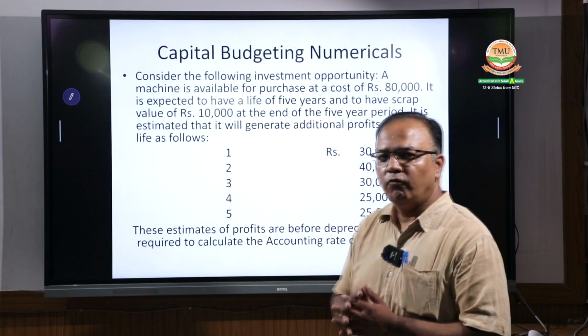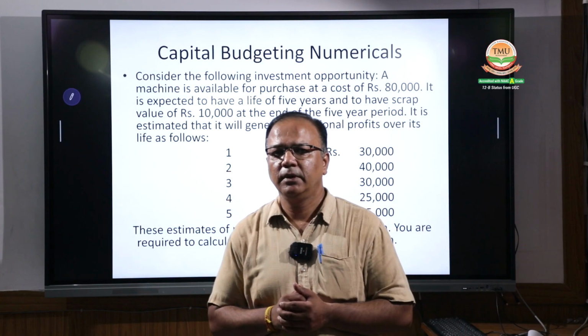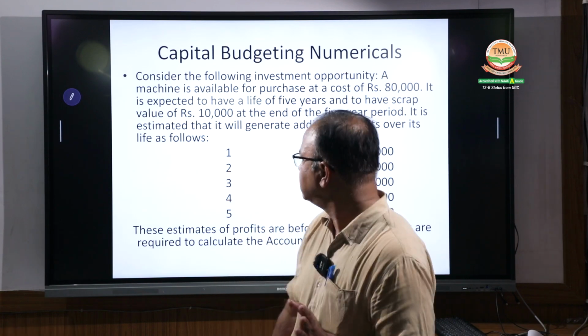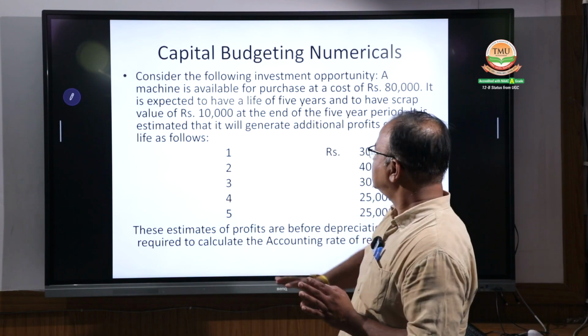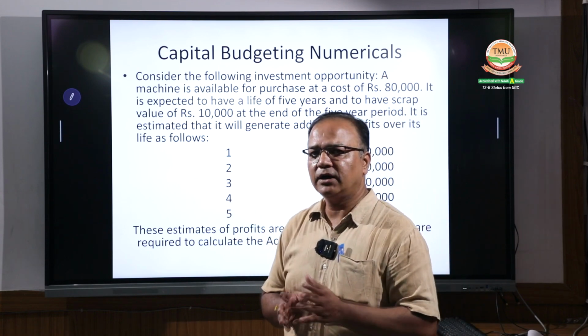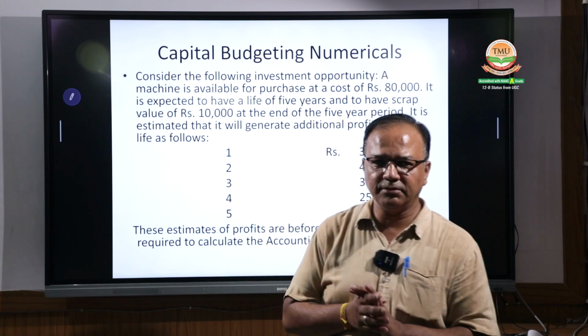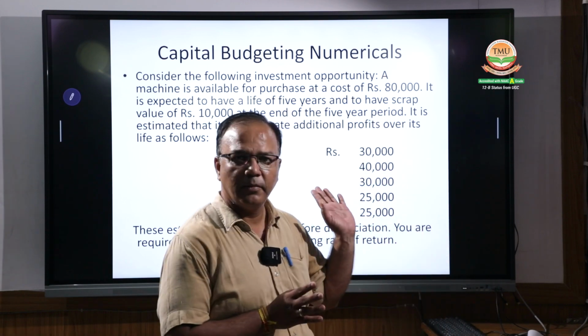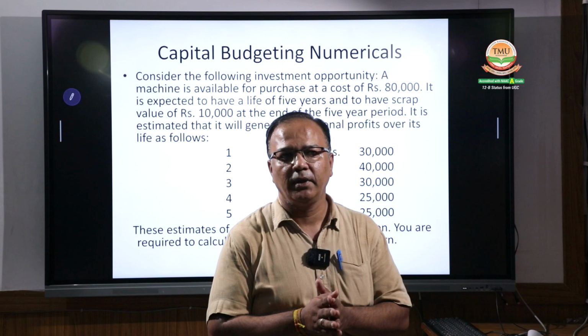We have another problem. There is a difference in this problem and last problem. Figures are almost same. In this question again, a company has an option to purchase a machinery at ₹80,000. Cost is same, just like the last question.